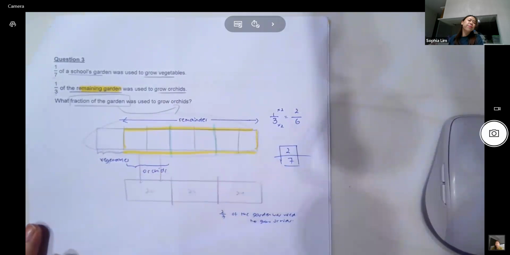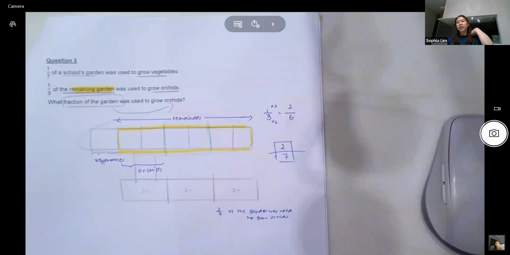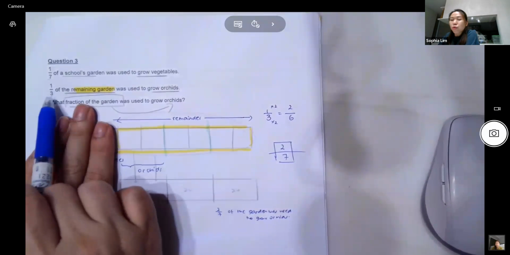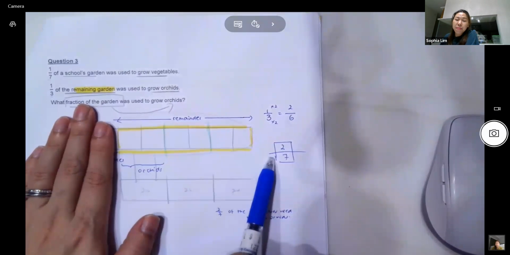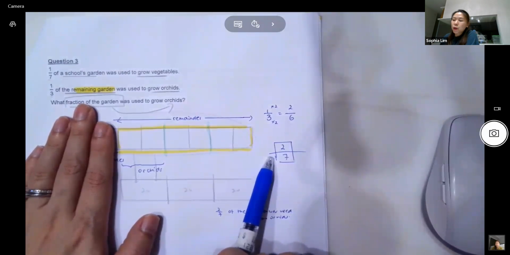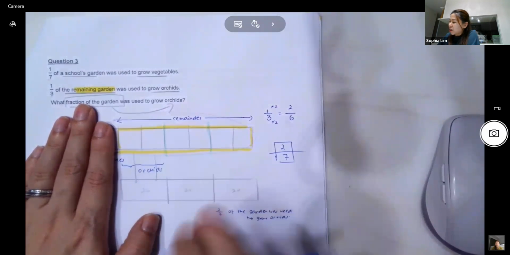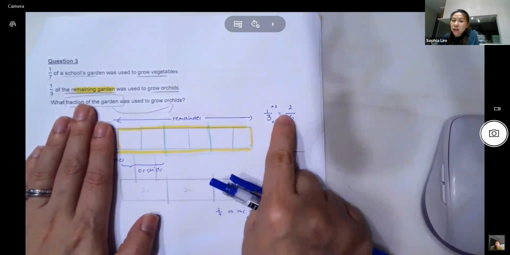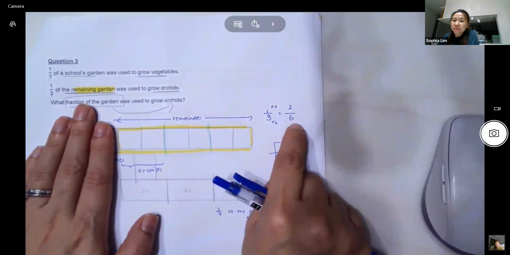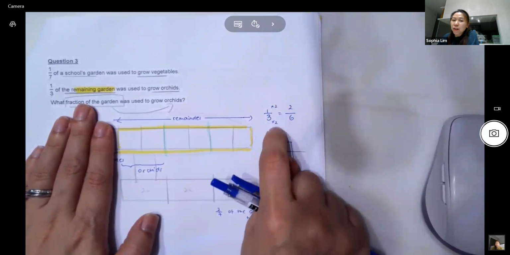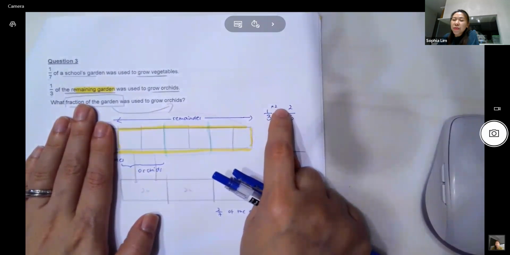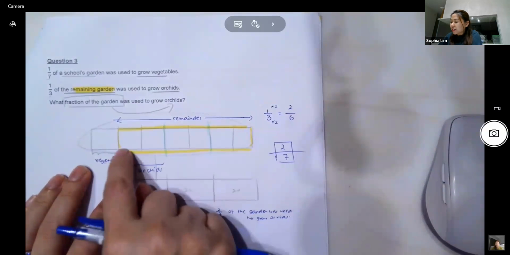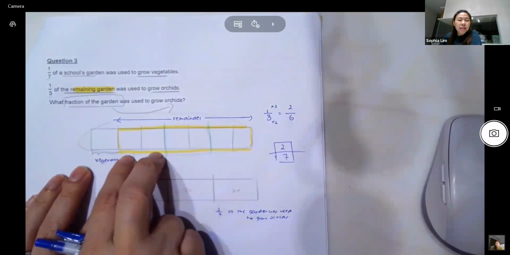Now that day, some students asked, teacher, the remainder, I count 6, but I don't know how to get 1/3 of the remainder. Since your remainder is 6, you can write down 1/3 is equivalent to how much of 6? When you multiply the numerator and denominator by 2, you will find that 1/3 is 2 units.